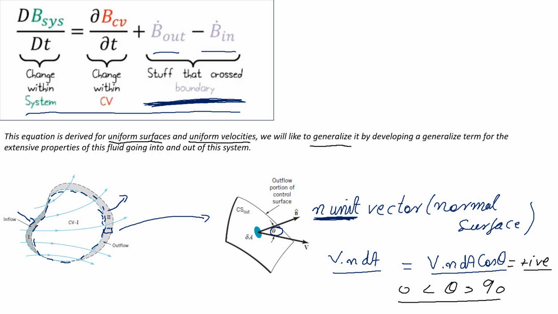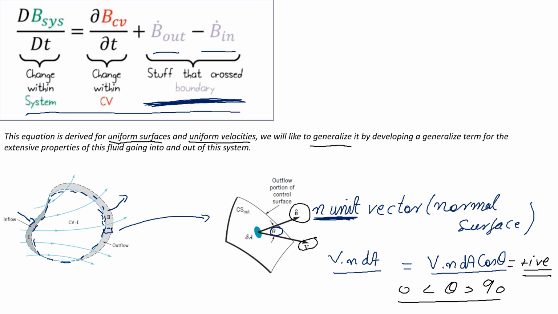That positive will tell us that this is the outflow, that the fluid is going out of the system. So if we take the dot product of this velocity v and this normal unit vector, that is normal to the surface, and its result is positive, it means that theta lies between 0 and 90 degrees. So this is how our flow will look like, and this is our outflow.